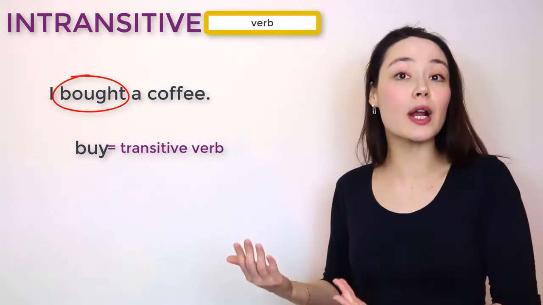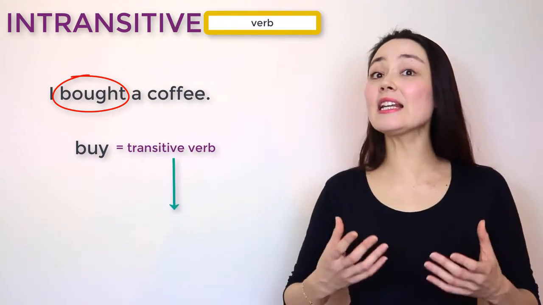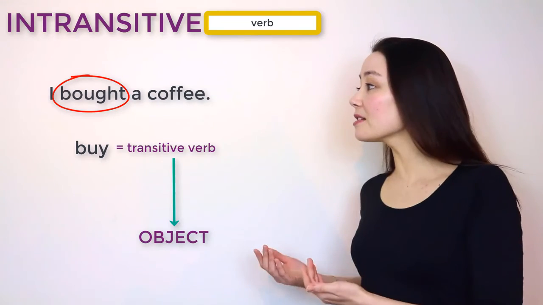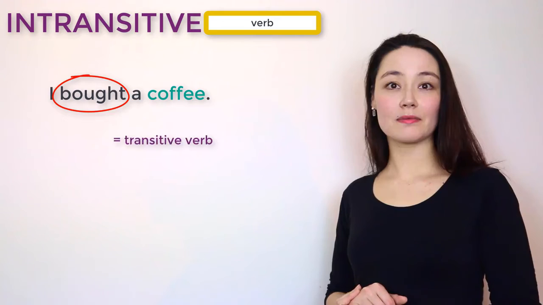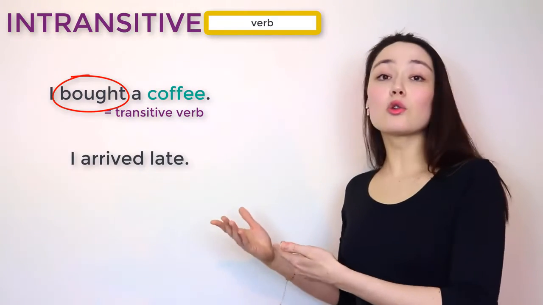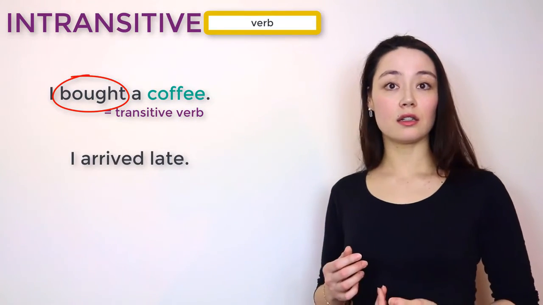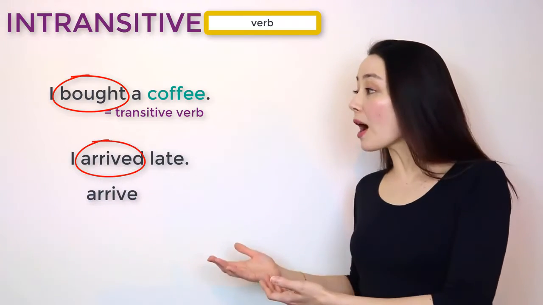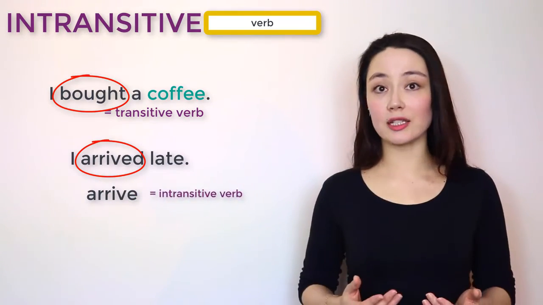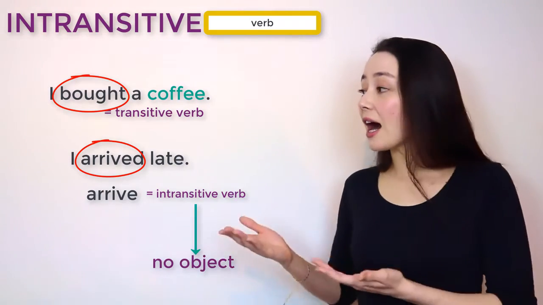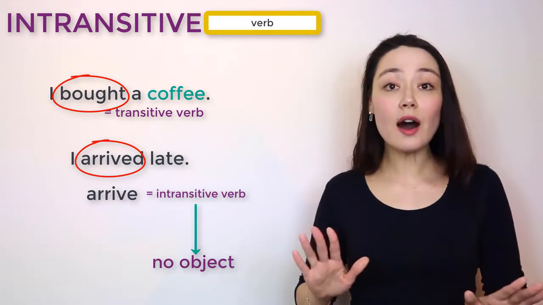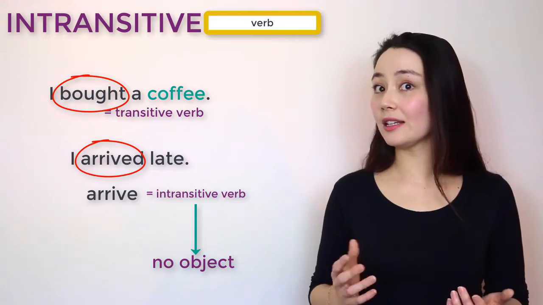Buy is a transitive verb. It needs an object. In this case, coffee. I arrived late. Here, arrived is an intransitive verb. It doesn't need an object. I arrived is fine. There's no object needed.